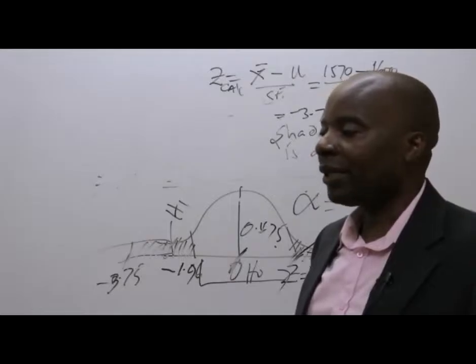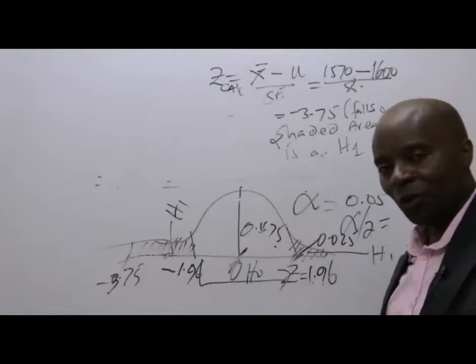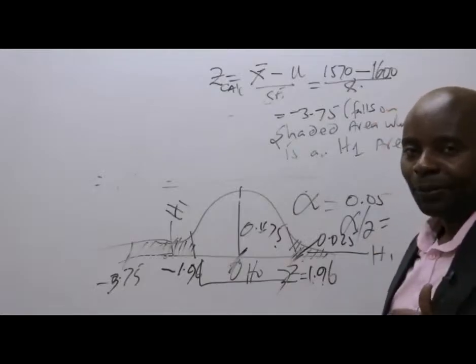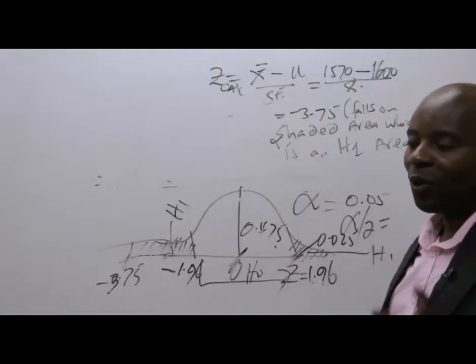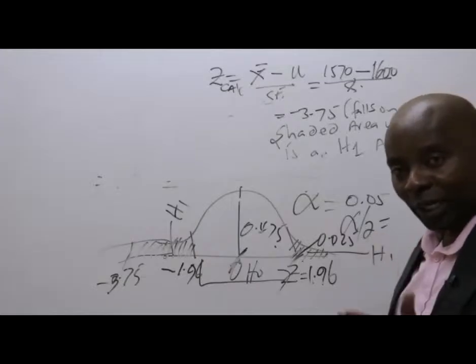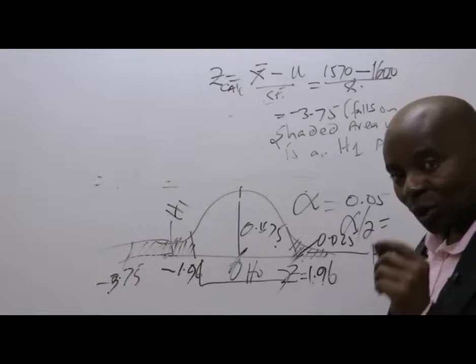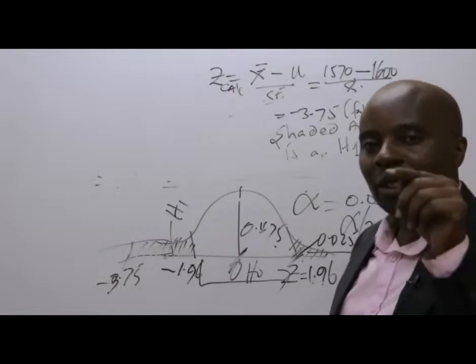So, ladies and gentlemen, the moment I've been able to hit there, I'm telling the examiner that therefore we can only accept H1, because we have fallen on the H1 area. So we can only accept H1, meaning that the null hypothesis is not true.